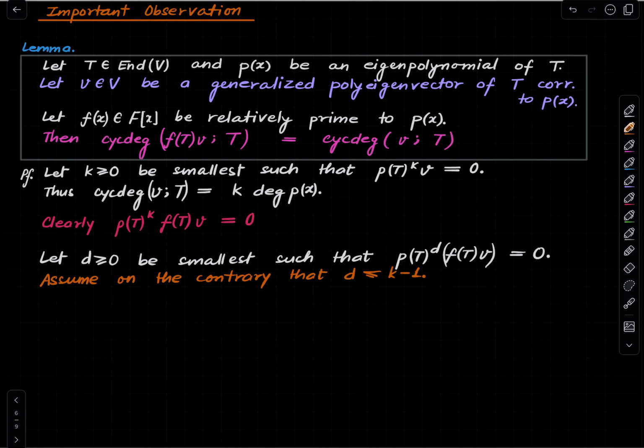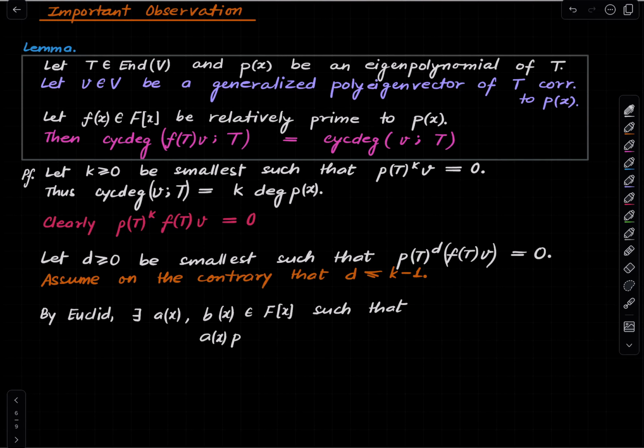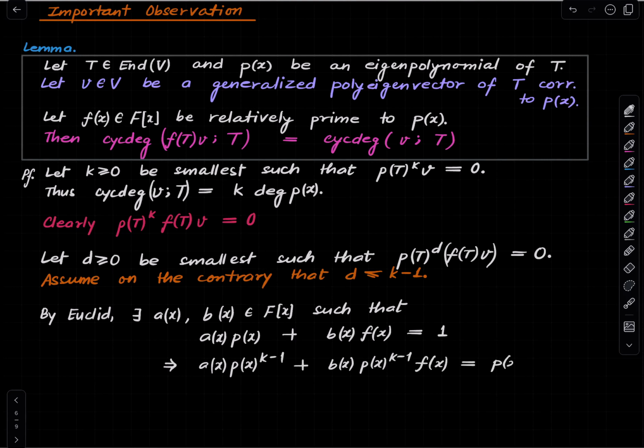So far we haven't even used the hypothesis that f(x) is relatively prime to p(x), but now we will do it. So by Euclid's theorem, there exist polynomials a(x) and b(x) such that this is the case, which implies, so what happened? All we have done is we multiplied by this guy. Sorry, here I meant to write a k. Yeah, so we multiplied by this guy on both sides. That's all.